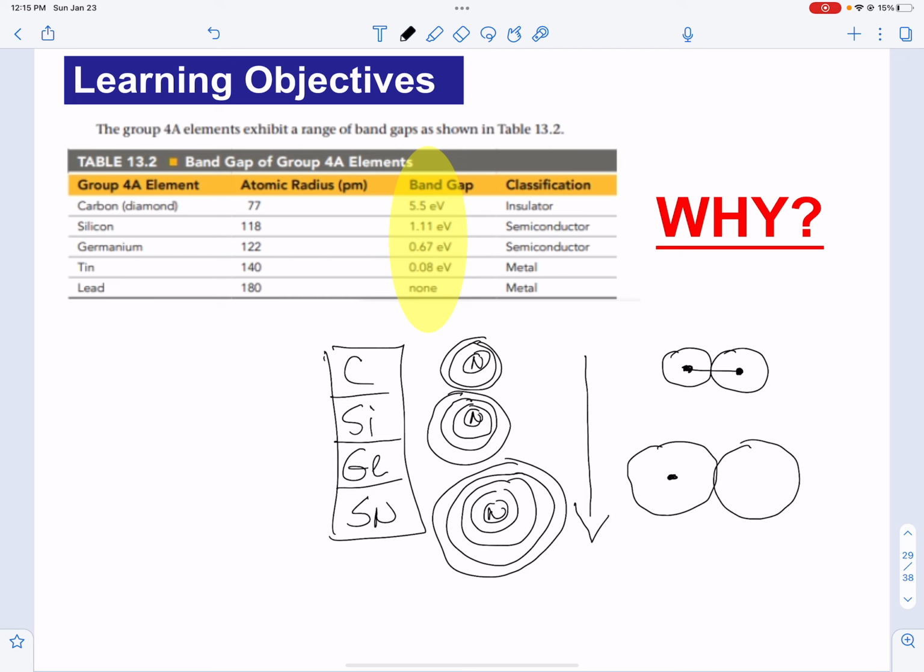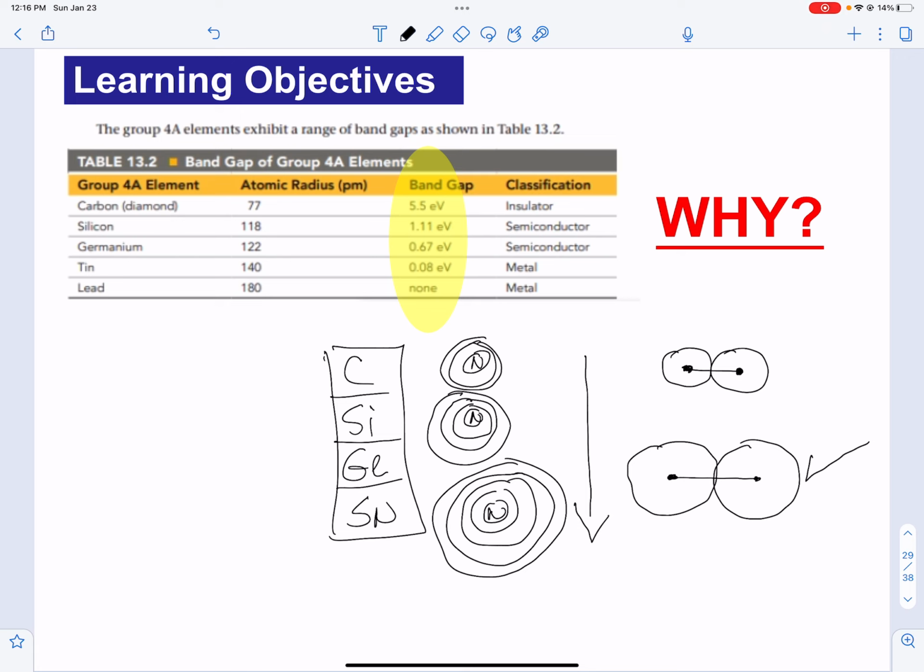Then the length of the bond is going to be like this. Really easy question. Which one has a longer bond? This one will have a longer bond. So if this one has a longer bond, would you expect a longer bond, where the electrons are farther away from the nucleus, to be the strongest or the weakest bond?